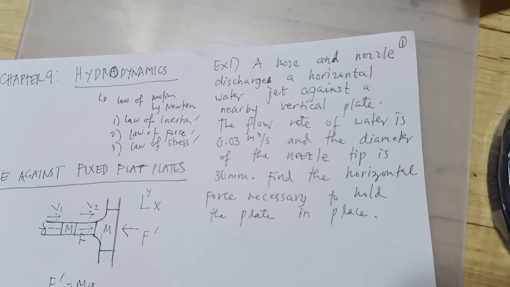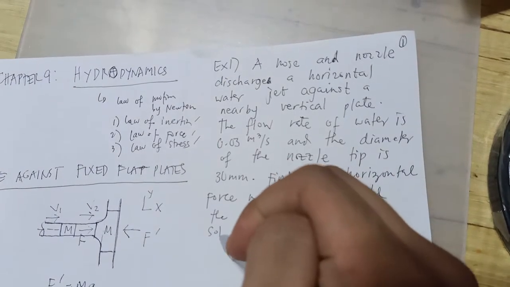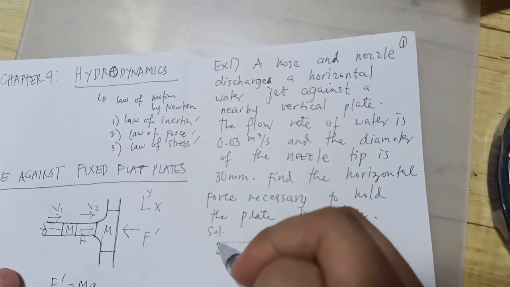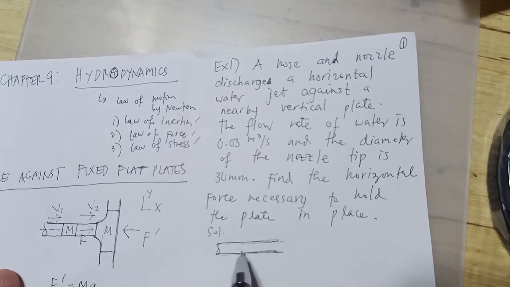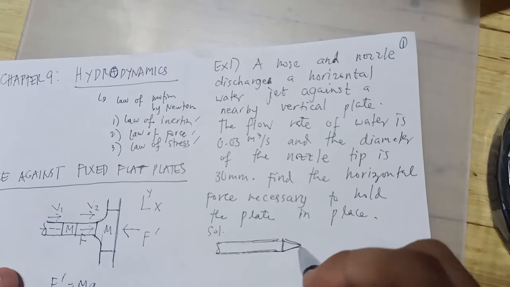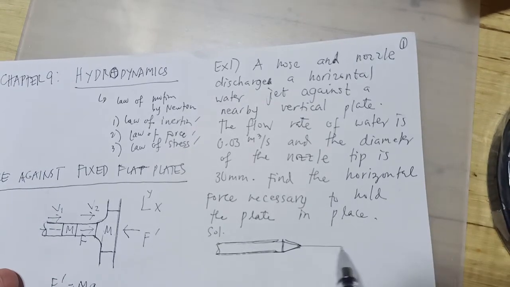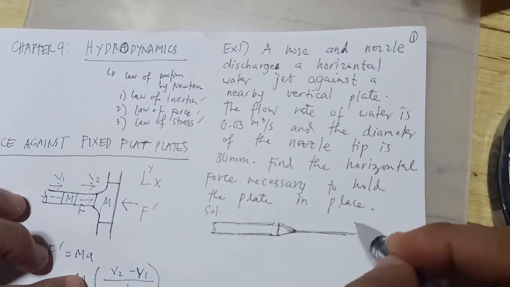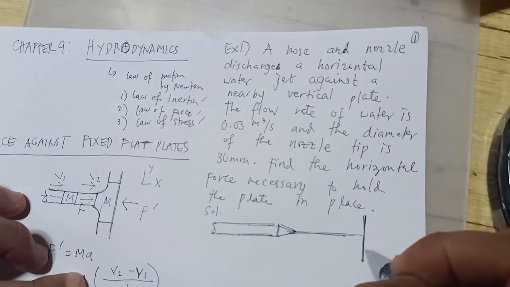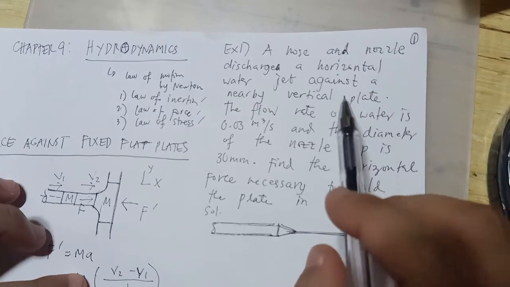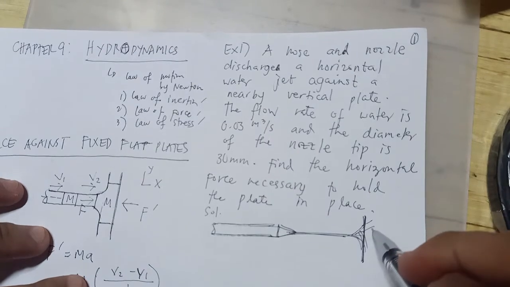So, first things first, let's draw it, no? For example, this is the hose and nozzle. It was aimed daw sa fixed vertical plate, which is ito.